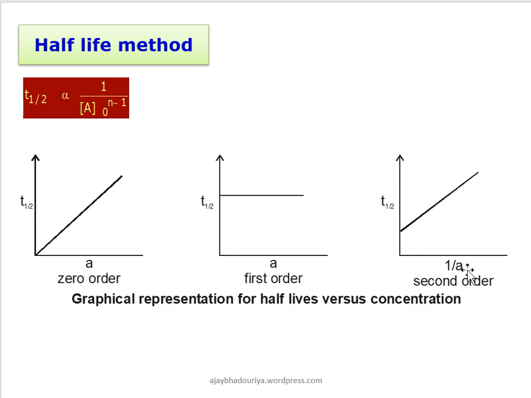So here we have taken 1 upon A. That is showing that t half is directly proportional to 1 by A, or t half is inversely proportional to the concentration of A. That is the graph showing the order of reaction with respect to the half-life method.